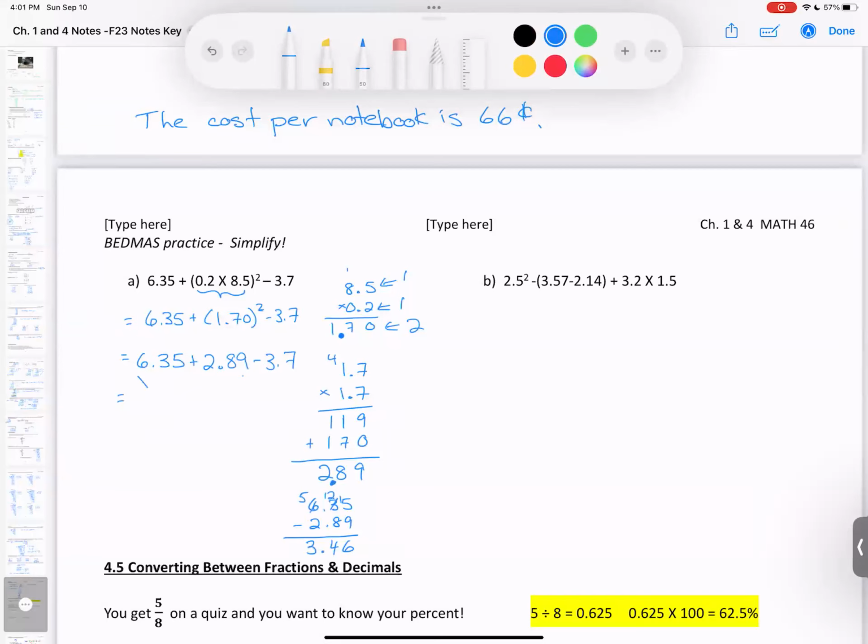So now these funnel to 3.46. And then we have to subtract 3.7. That sounds like, what am I doing wrong here? Oh, I just subtracted instead of added. Okay, let's back up. Let's do that again. So we want to add those two, not subtract them. Sorry about that.